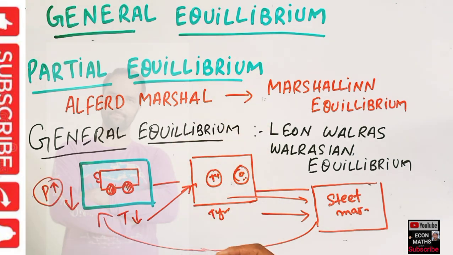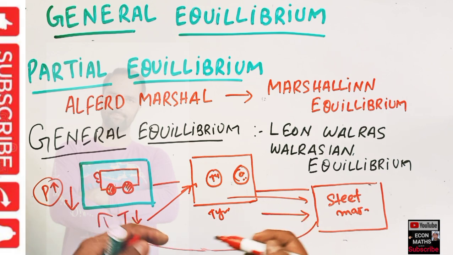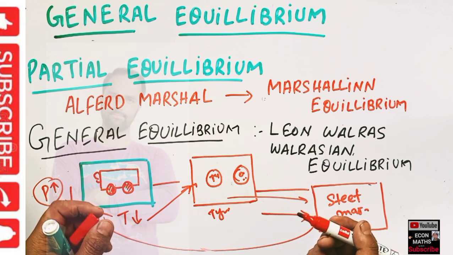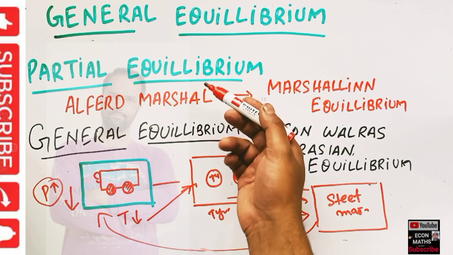In partial, what we do, we hold everything else constant and trace the relationship between price of a good and quantity demanded of the good. But in general equilibrium, we study, or it explains, how supply and demand in an economy with many markets interact dynamically and culminate into an equilibrium. So this is the difference between partial and general.